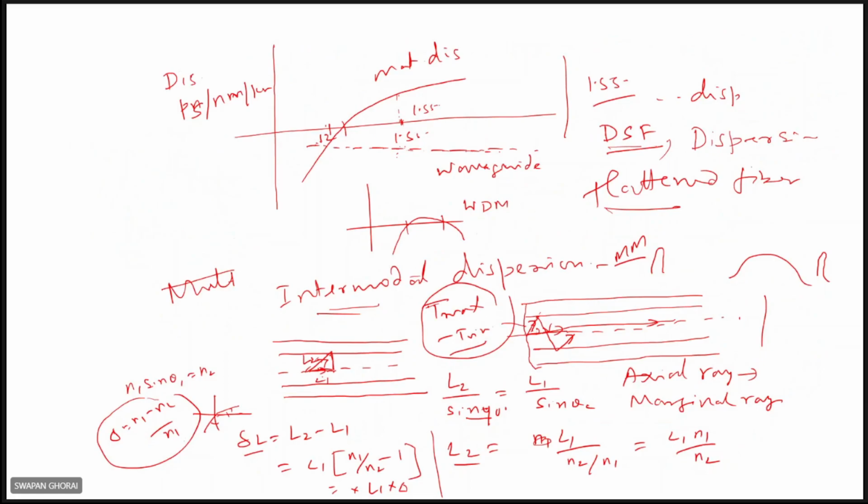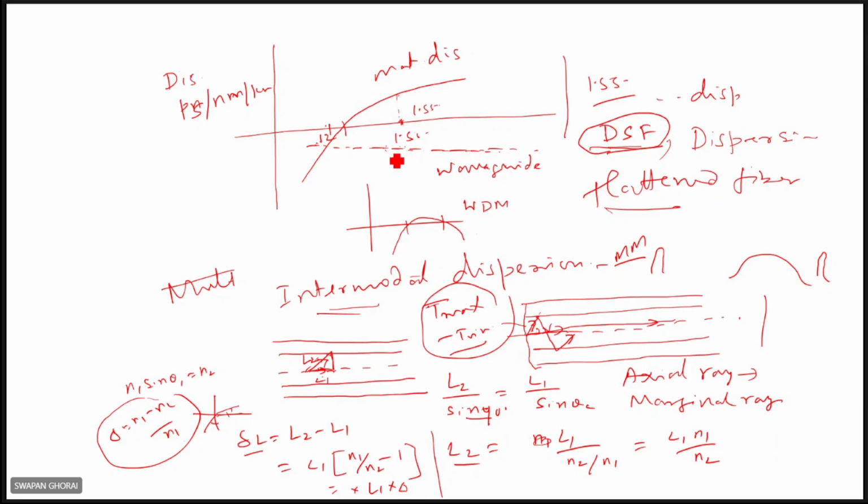Okay, but the most important thing is that with the knowledge of this material dispersion and waveguide dispersion, we can design the dispersion shifted fiber. That is the most important thing. Because attenuation is minimum at 1550 nanometers, but in this case, material dispersion will be present. Material dispersion is very difficult to eliminate because it's inherent.